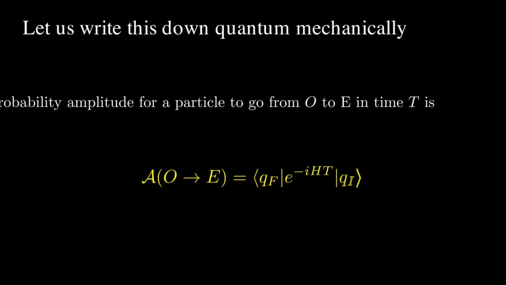And this unitary operator is basically the exponential function of minus i times the Hamiltonian times the total time the particle needs to travel. So it's a very basic idea in quantum mechanics. We need the unitary translation operator to find the probability amplitude of a particle to go from point qi to point qf in total time capital T.